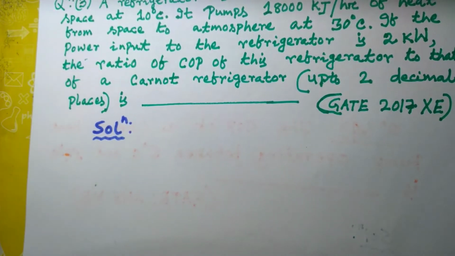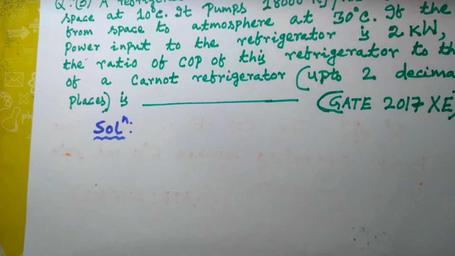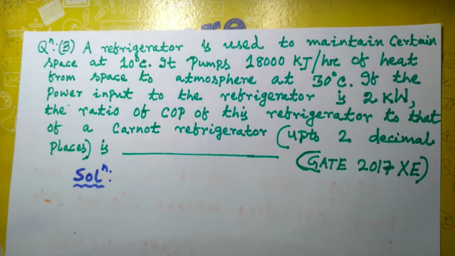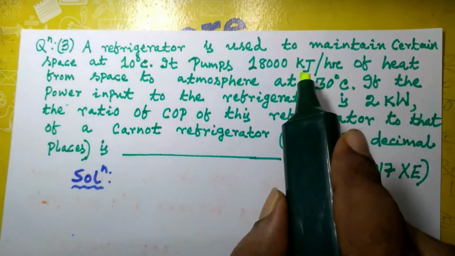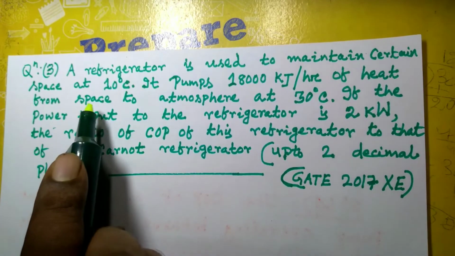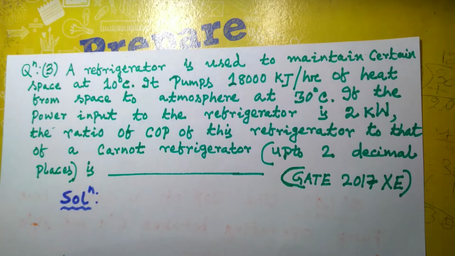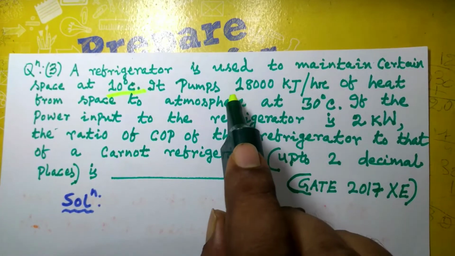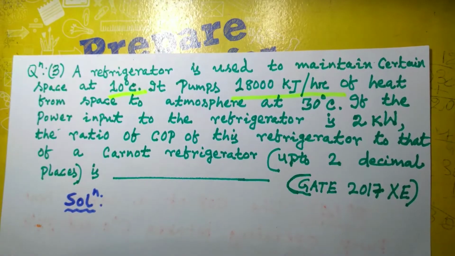Question number 3. A refrigerator is used to maintain a certain space at 10 degrees Celsius, and it pumps 18,000 kilojoule per hour of heat from space to atmosphere at 30 degrees Celsius.